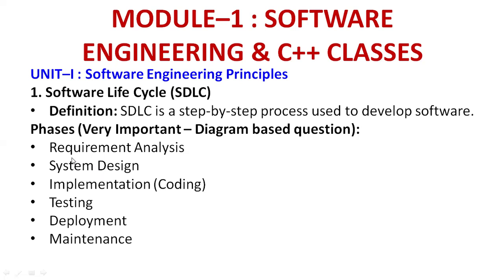You may explain these terms using a single block diagram. You can draw a flow diagram using square boxes: mention requirement analysis, connected to system design, connected to coding, then testing, deployment. It would be better to draw a simple block diagram from your exam point of view. That is one of the most important questions for your university exam.